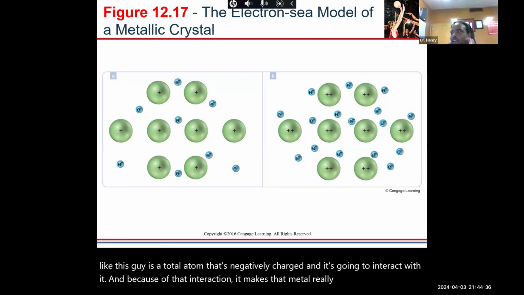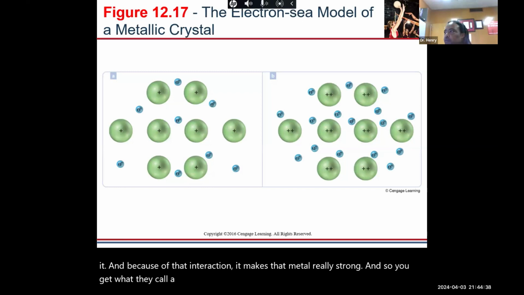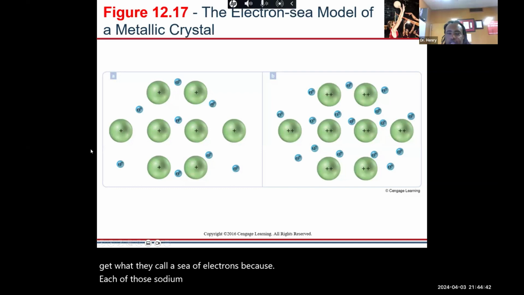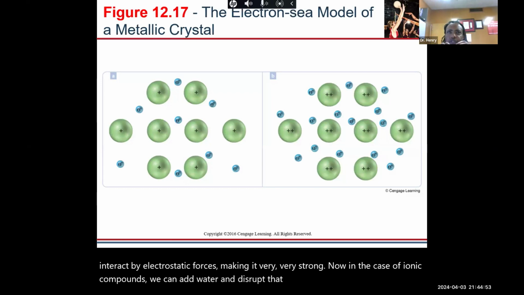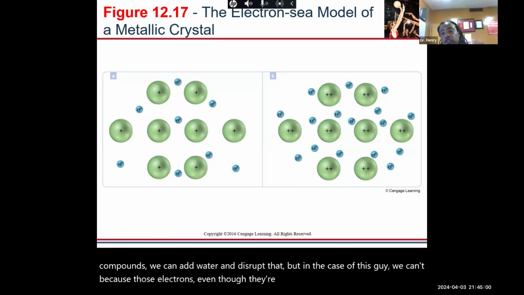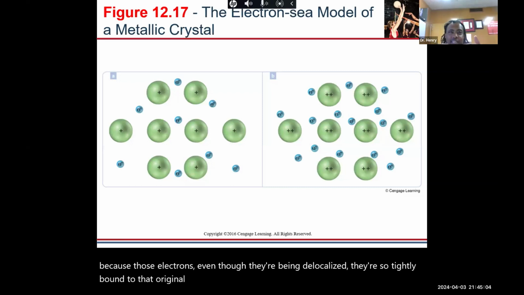And so you get what they call a sea of electrons, because each of those sodium atoms does exactly the same thing. They interact by electrostatic forces, making it very, very strong. Now, in the case of ionic compounds, we can add water and disrupt that. But in the case of this, we can't, because those electrons, even though they're delocalized, are so tightly bound to that original metal that water's not able to get in between to make that separation.